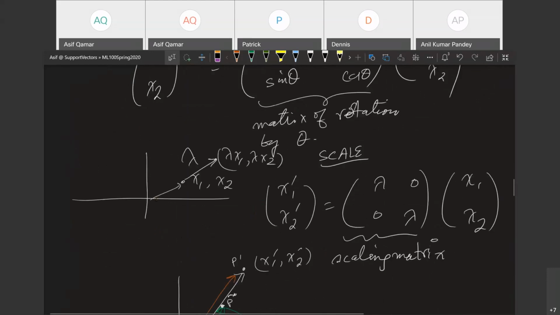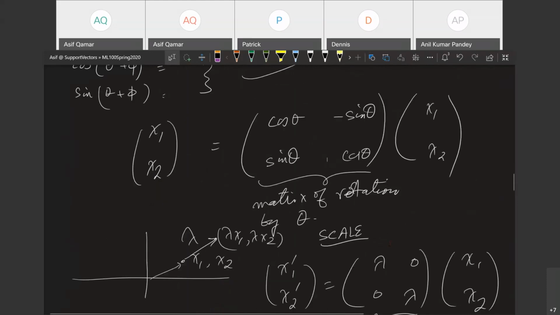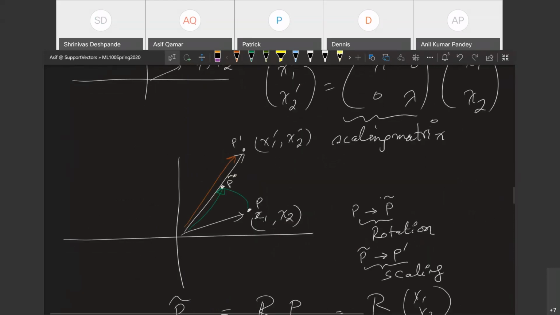Besides the rotation matrix, you can have a scaling matrix. You can take a vector and scale it out, make it bigger or smaller. That you do with the scaling matrix. It turns out that the rotation matrix and scaling matrix are the basic building blocks into which you can decompose any matrix. Any matrix will take a point and take it somewhere. Let's say P goes to P prime.